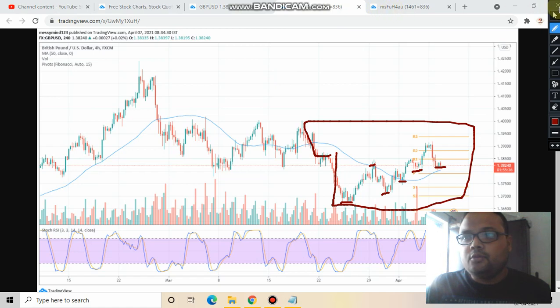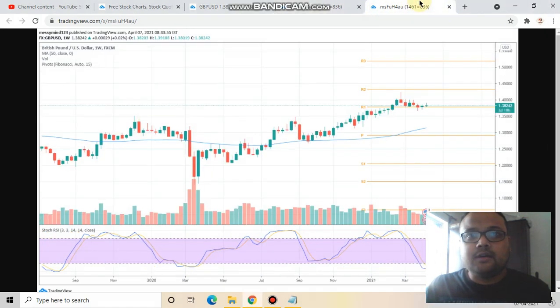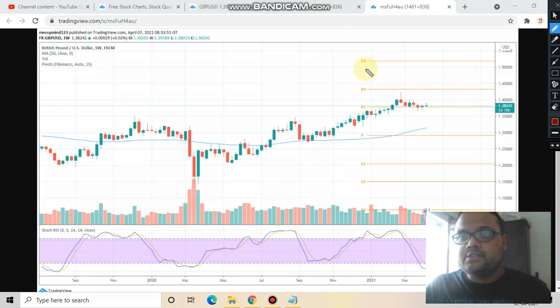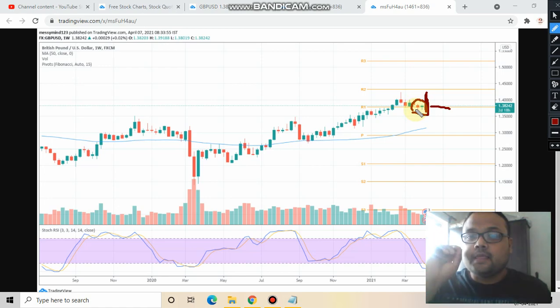Now let me take you to the weekly time frame to get a better picture. As I've already mentioned in my previous videos, market has taken support here at this level, and just look, if I remove this present candle, just look at these two candles. We can see that for the past 2 weeks, market is taking support at this level.